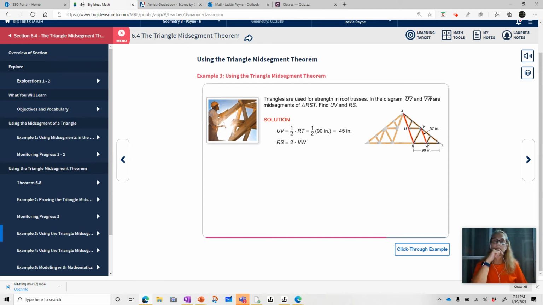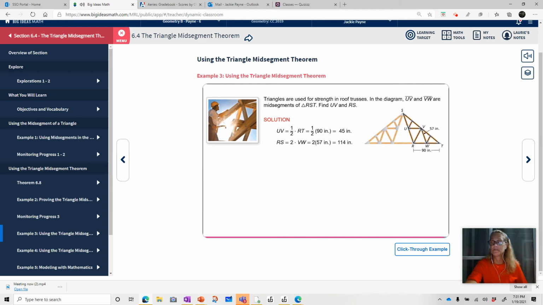In the diagram, you are given the length VW is 57 inches. So substitute 57 inches for VW, and this is equal to 2 times 57 inches. Multiply, and this is equal to 114 inches. So the length of segment UV is 45 inches, and the length of segment RS is 114 inches.